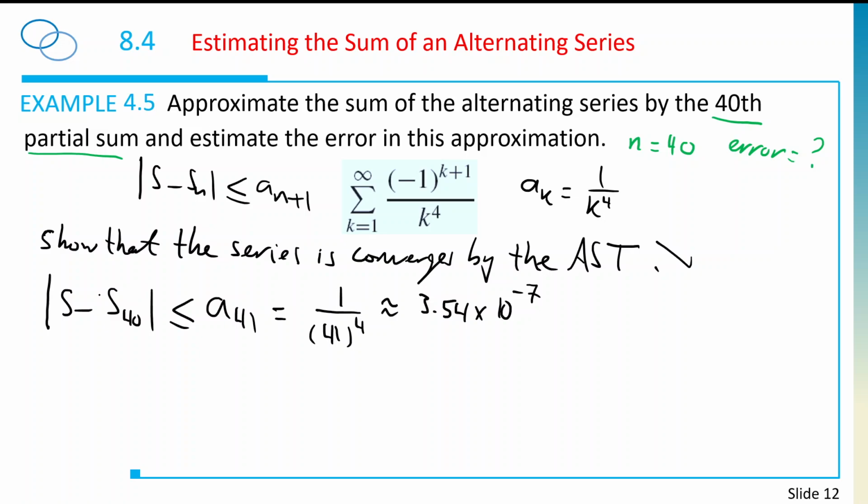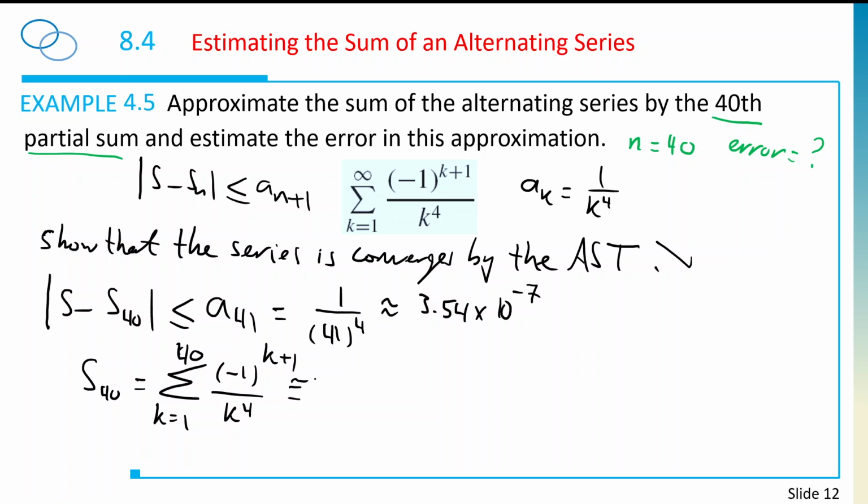Okay, what should be our value if we add it up to 40? You can easily find this with your calculator. Any calculator can find the summation of up to 40 terms only, from k equals 1 of negative 1 to the power of k plus 1 over k to the power of 4. So this is our estimation. This is what we need to find.